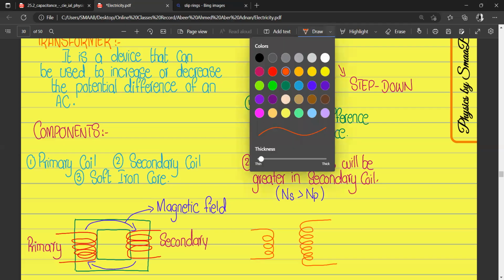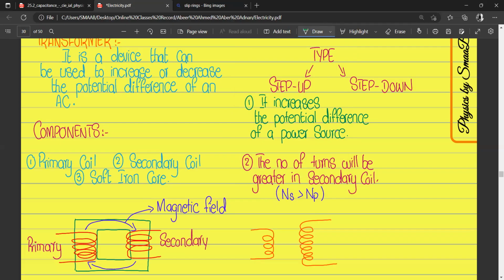And if we talk about the second type of transformer, that is the step down transformer. The step down transformer is to decrease the value of potential difference, right? Let's suppose the input voltage is equal to 20 volt. So it will decrease the value to 15, 16, or any value less than 20 volt, right?